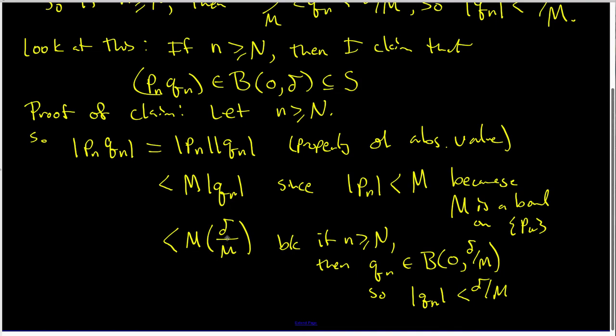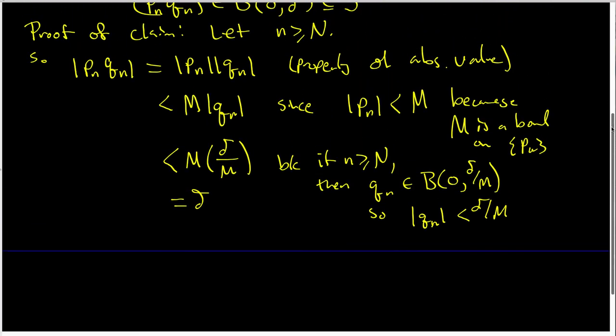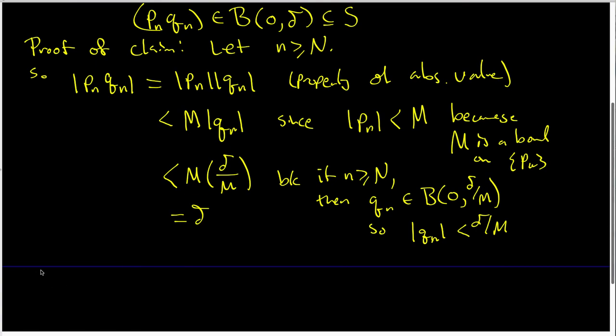But M times delta over M is, of course, delta. So what I want to do is think about what we've actually just done. What we've done is we have shown that the absolute value of Pn times Qn is equal to this, which is less than this, which is less than this, which is equal to delta.